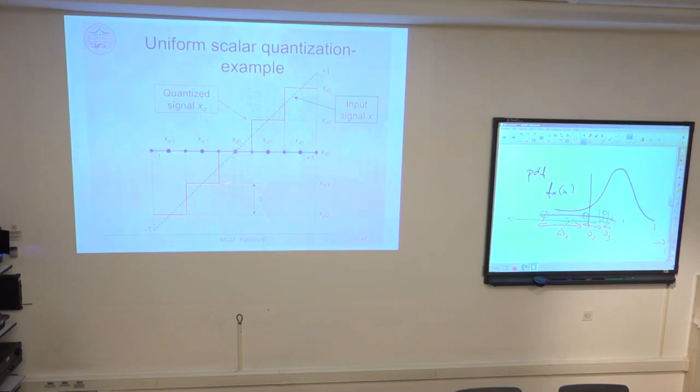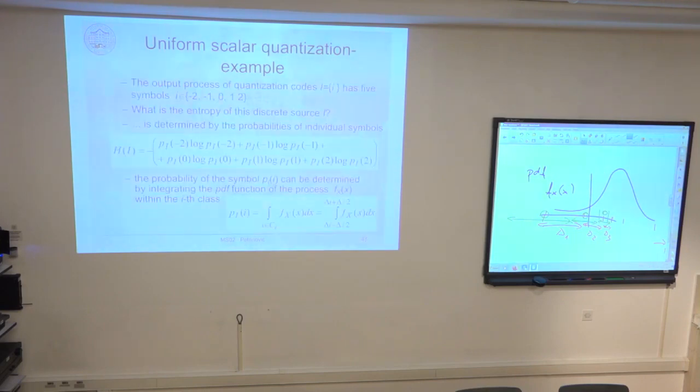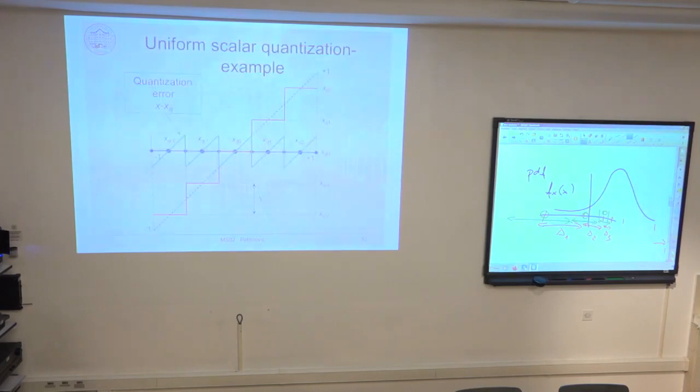Then -0.4, then 0, again +0.4, +0.8. And if I subtract the blue line and the red line, I get the quantization error, like a sawtooth signal. Plus or minus half of the step size is the error.